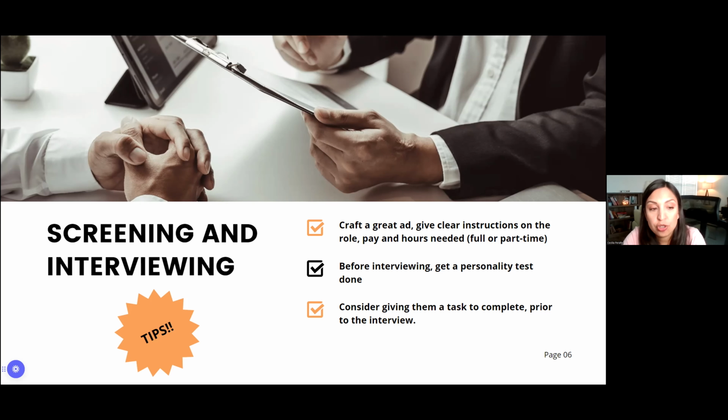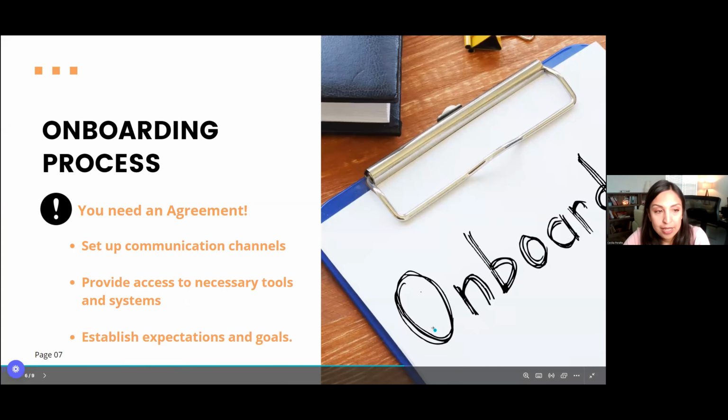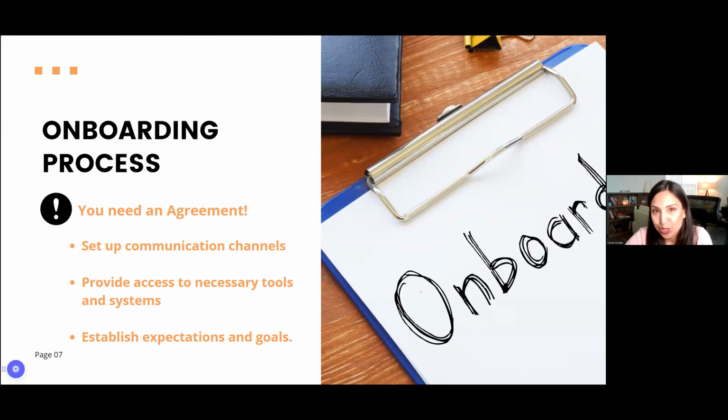Yeah, that is for the interview and the screening. Those are very, very important steps in the process. And then the onboarding process. Once you choose the perfect candidate to join your team, the very first thing that you need to make sure is that you have an agreement in place.